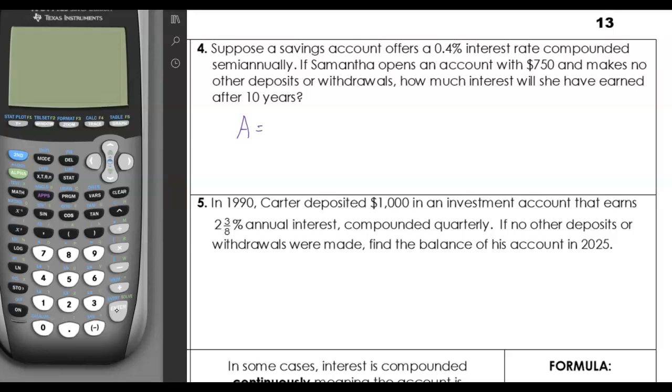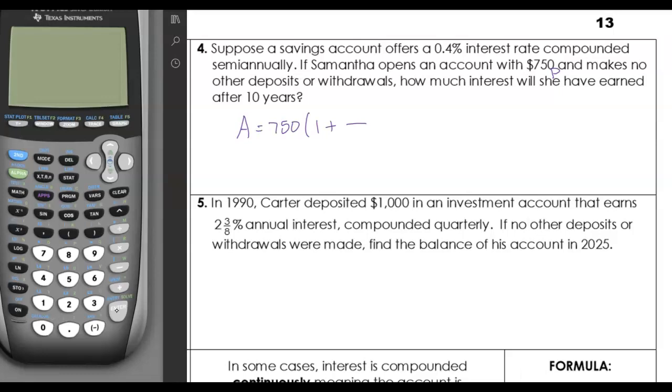What is my principal? What is my P value here? Yes, 750 is P. 1 plus, what do I put down as my rate?